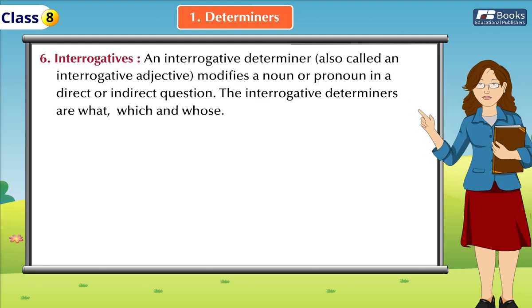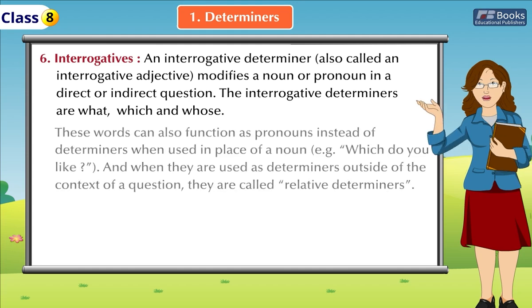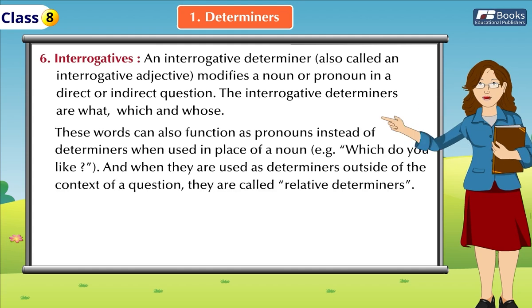Type 6. Interrogatives. An interrogative determiner, also called an interrogative adjective, modifies a noun or pronoun in a direct or indirect question. The interrogative determiners are what, which, and whose. These words can also function as pronouns instead of determiners when used in place of a noun.